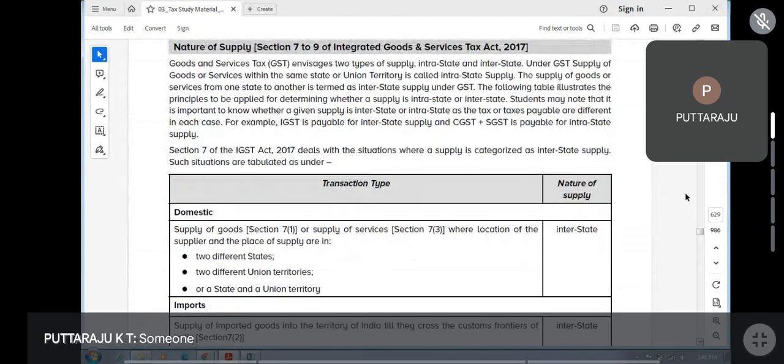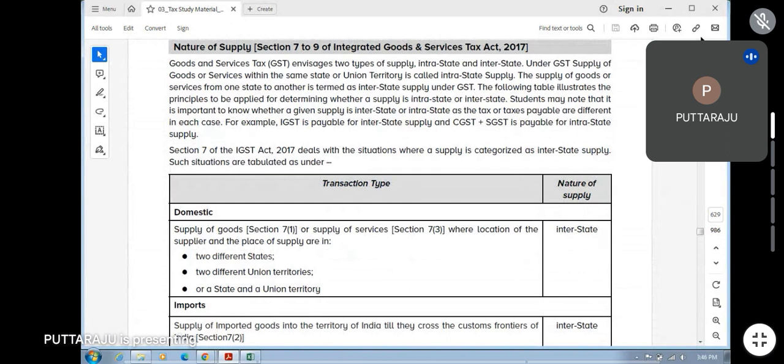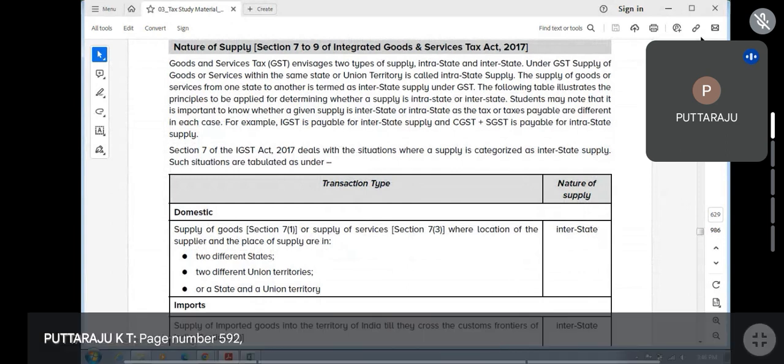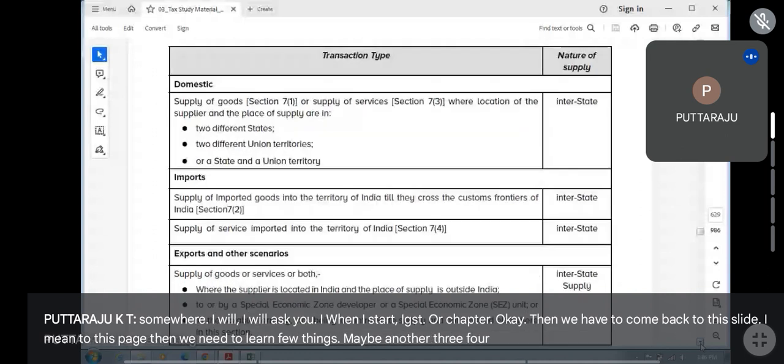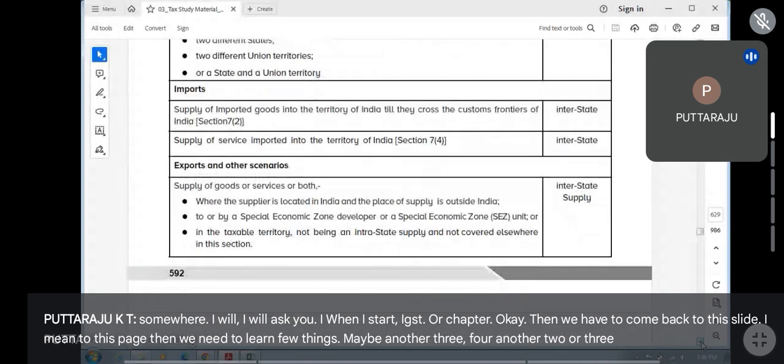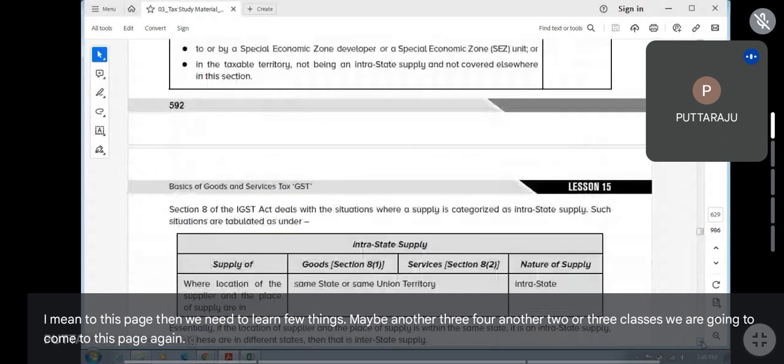Please write down page number 592 somewhere. I will ask you when I start the chapter. Then we have to come back to this page. Maybe another 2 or 3 classes, we are going to come to this page again.